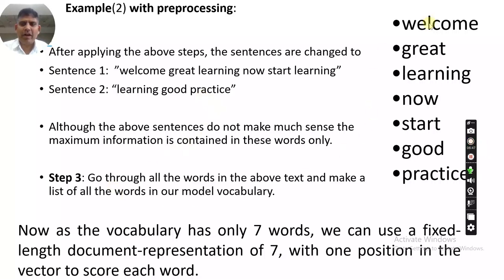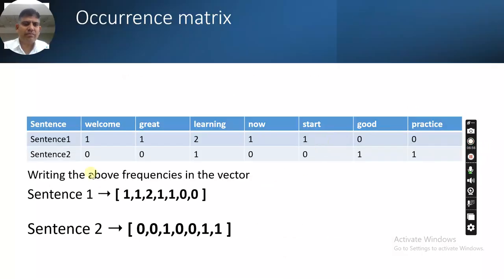Again we write down the vocabulary for these two sentences. The size of the vocabulary is 7, and after that we write down the frequencies of all the words as they appear in both sentences. Now you see here, the frequency of learning is 2. In the earlier case, learning with capital L was 1 and learning with small l was 1, but here with pre-processing it becomes 2.